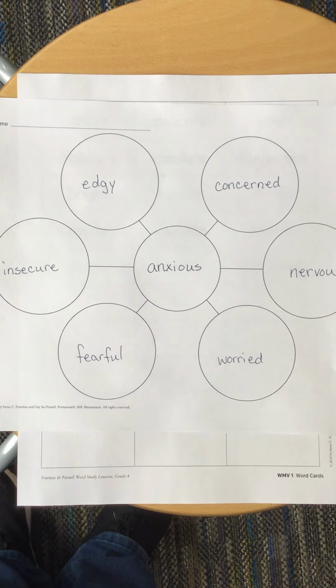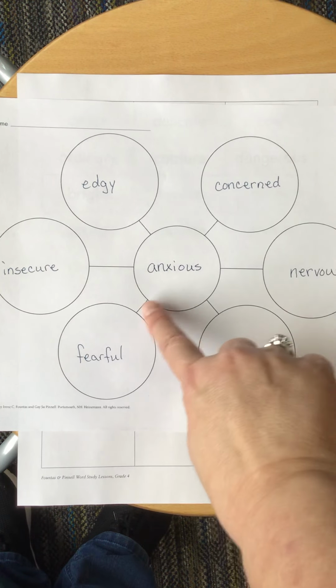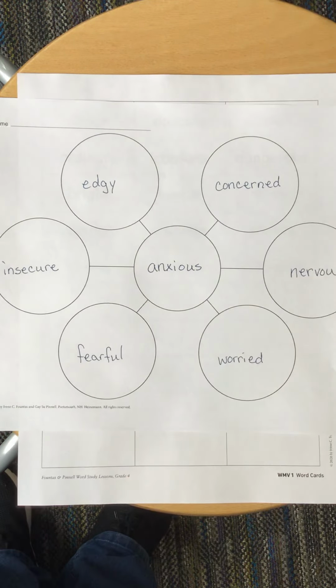You might have 4 circles for one word, or you might have 8 circles for one word. It just depends on how many synonyms you can find. Another challenge, if you want, you could use the lines to write antonyms. That would be kind of fun, words that mean the opposite.